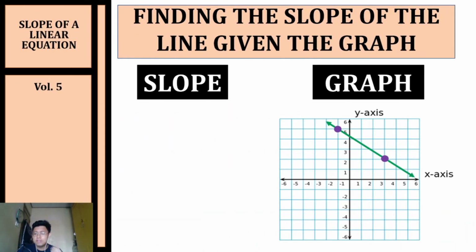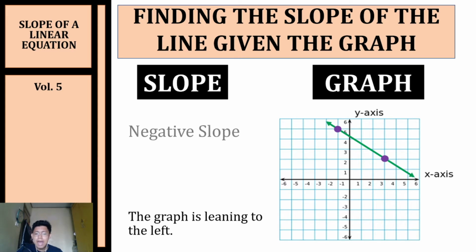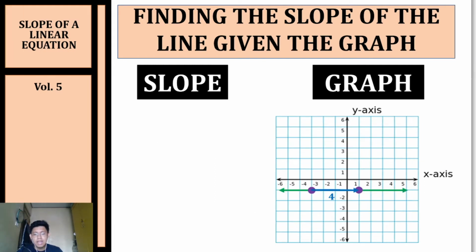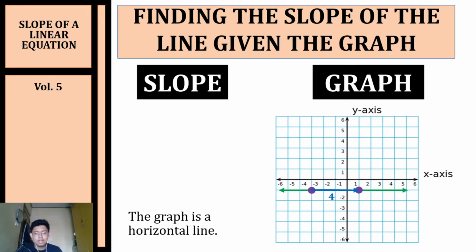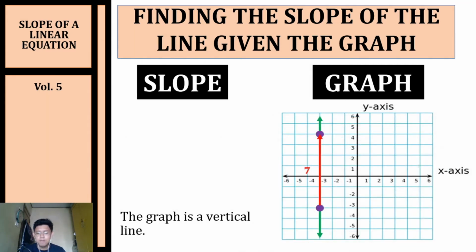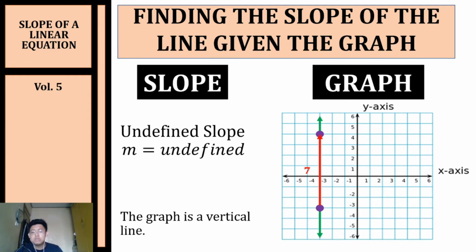If our graph is leaning to the left, we will have a negative slope, or the slope is equal to a negative real number. If we encounter a horizontal line, we will have a zero slope. And if we encounter a vertical line, we will have an undefined slope.